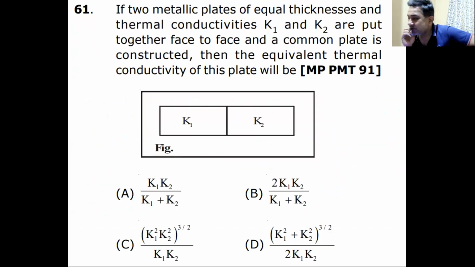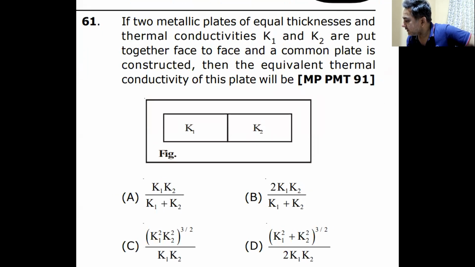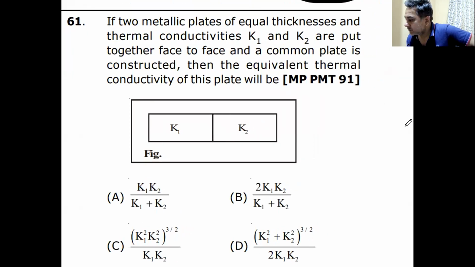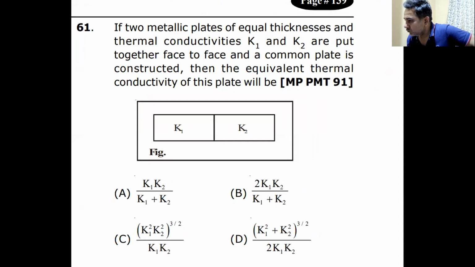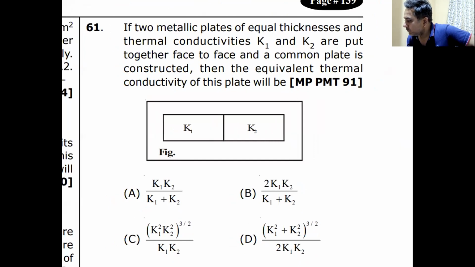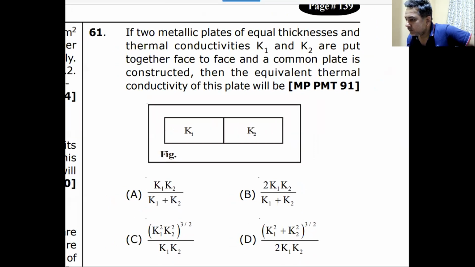If two metal plates of equal thickness, oops, you can't see this. So I'll have to make some adjustments, and I have made these adjustments here. Okay, I hope you can see this now.